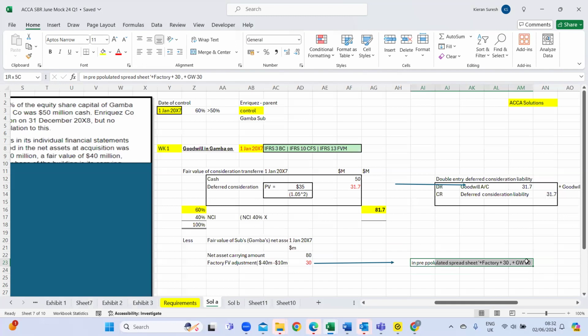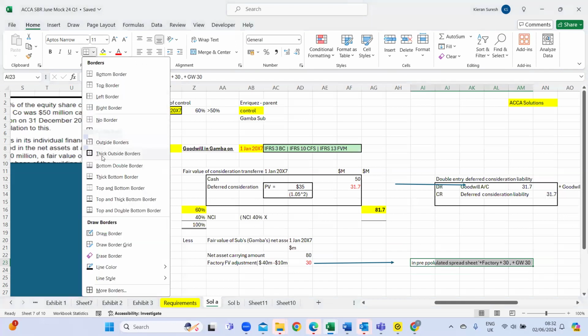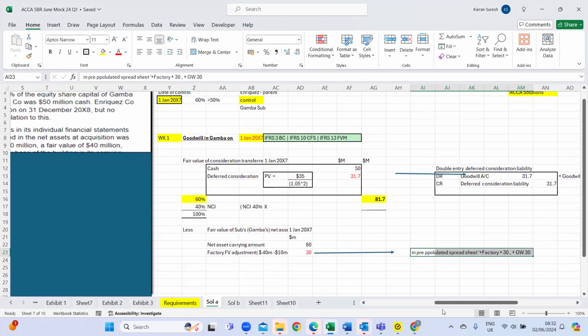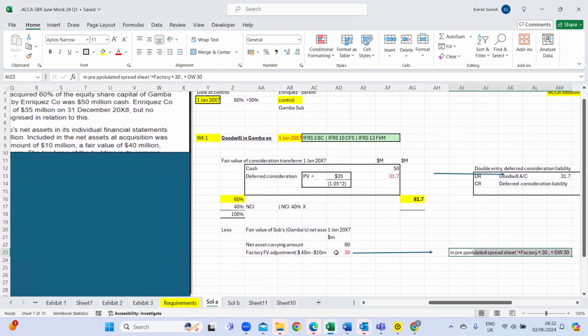Now you would have a question: what is the double entry for this? In the pre-populated spreadsheet you have 30 increasing PPE, and the goodwill would decrease by 30.